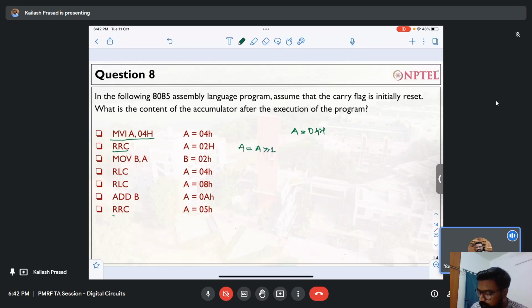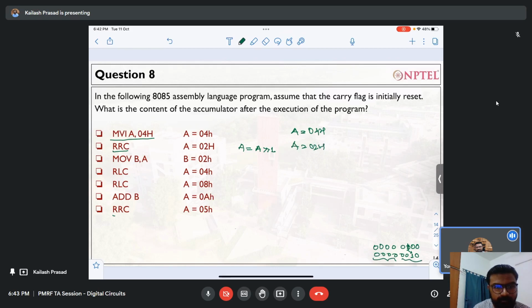A right shift operation happens like this: 0000 0100, and you are doing a right shift, so this 1 will come over here, and this will be 0, so it will be 0000 0010. It will become 2 instead of 4, so this has become 2 over here.